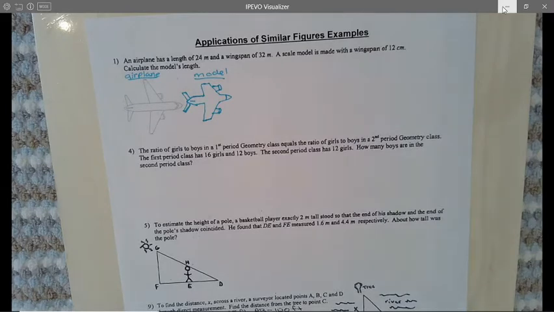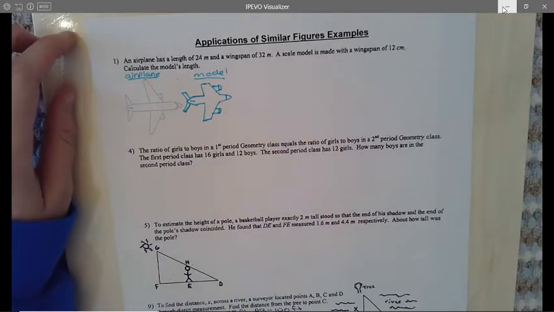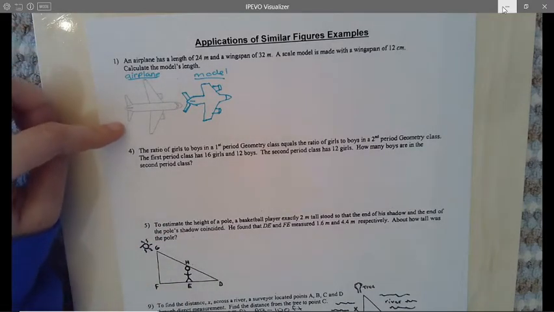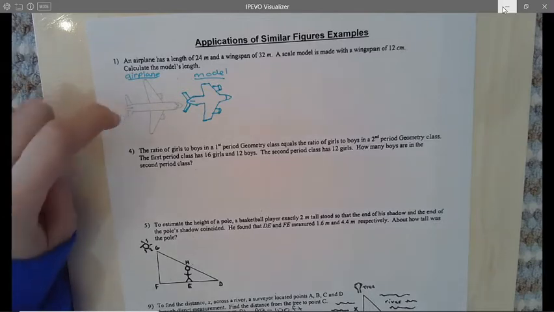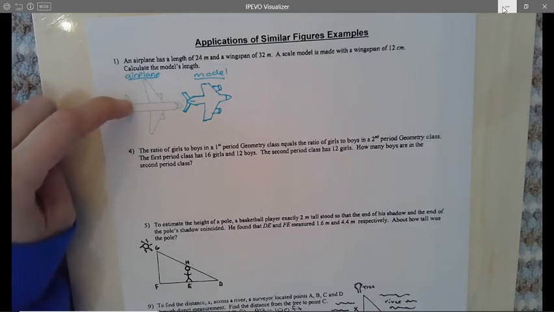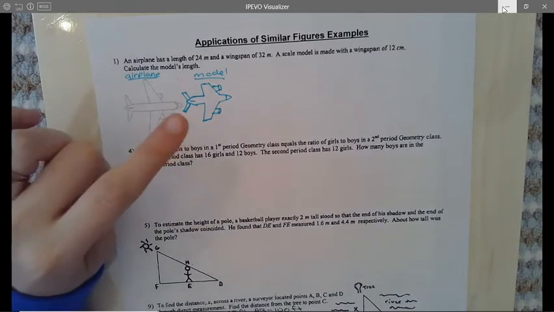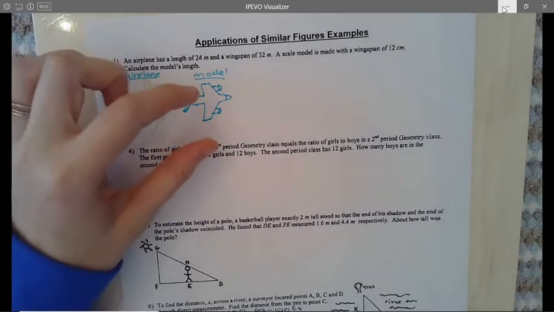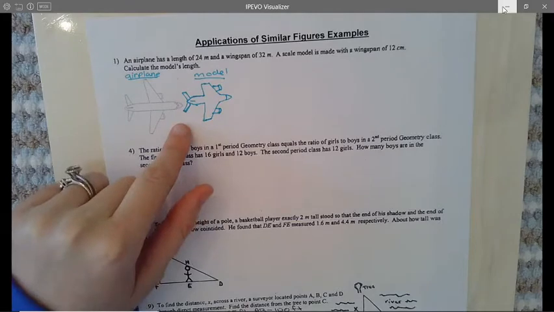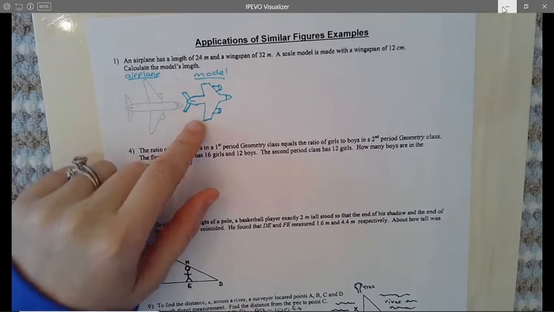So this problem involves a real airplane and a model airplane, which your worksheet does not have an actual picture of. The reason why I did this is because I'm horrible at drawing. Then I realized I forgot to put a smaller picture for the model, so I had to draw my own model picture, and that's really embarrassing.